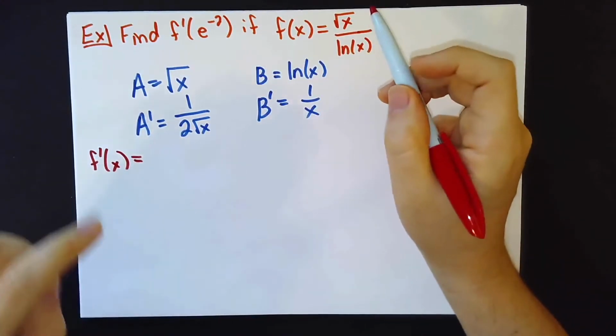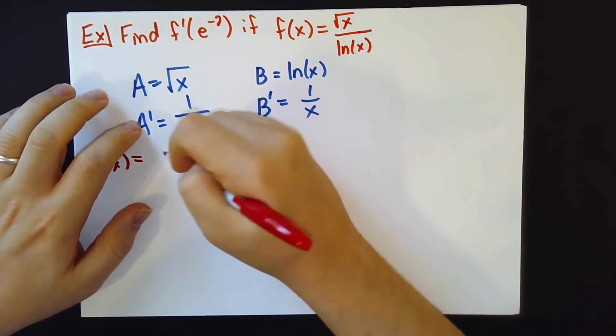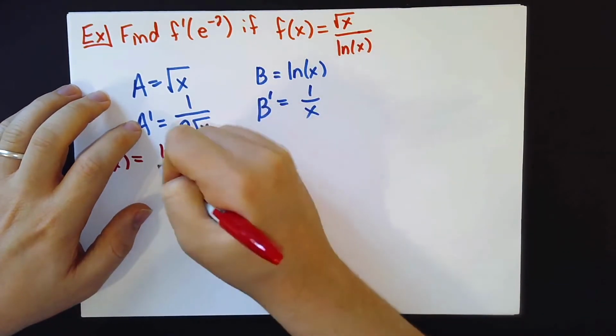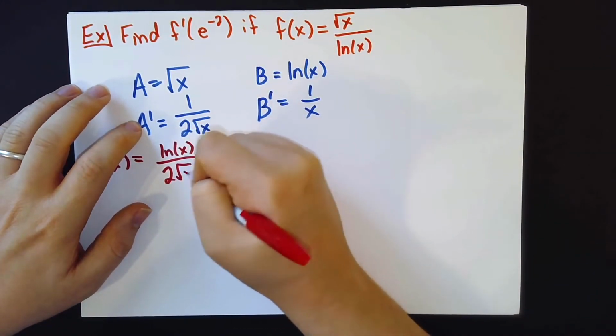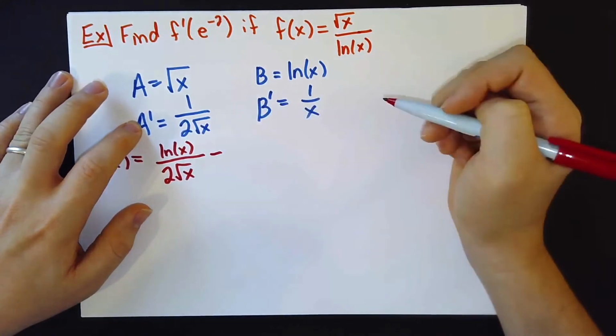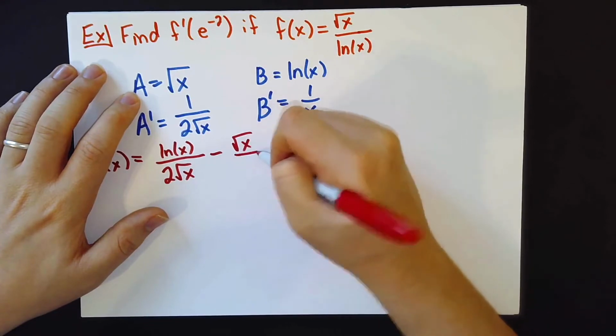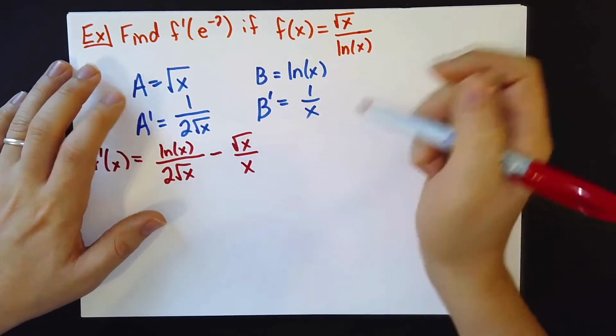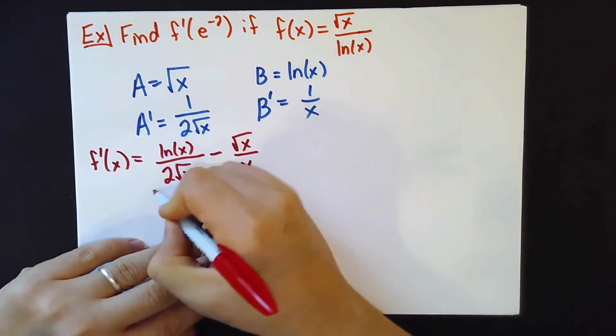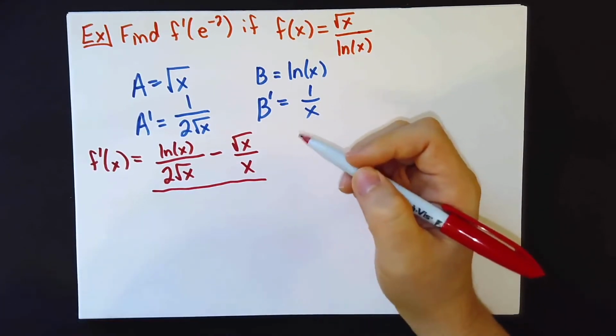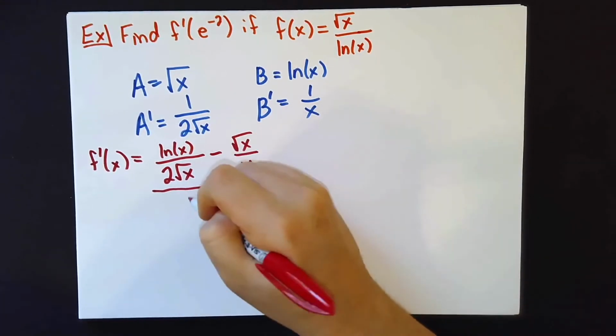It's going to be a prime b minus a b prime, all divided by b squared.